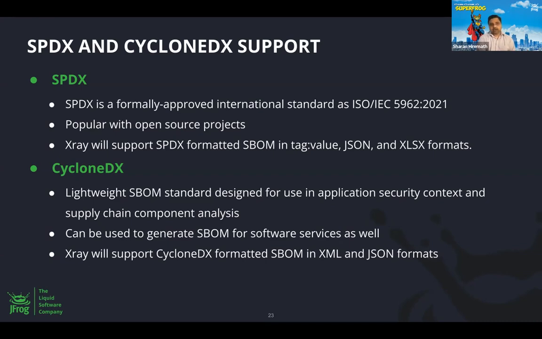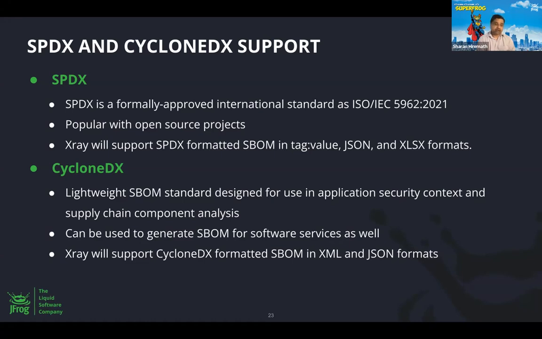The other standard that we are going to support is CycloneDX. CycloneDX is a lightweight SBOM standard, and it's basically used in an application security context. This is also gaining popularity because it not only supports software products, it can also support software services as well.